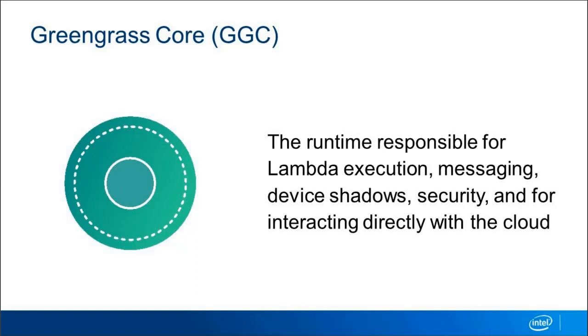Basically, what devices are going to be connected to the core, what Lambda functions are going to be running on it, and where the data is going to go using subscriptions, as well as obviously those certificates that I mentioned earlier. And once you configure your core, you can deploy it to your device using this agent.